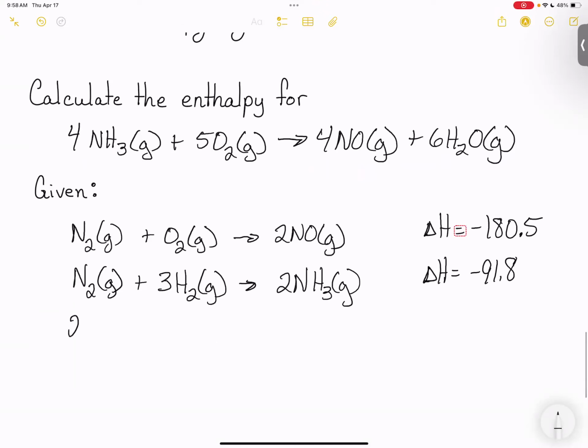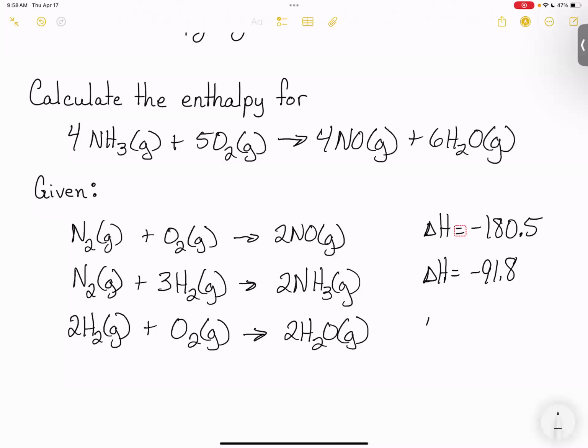And 2H2 gas plus O2 gas goes to form 2H2O gas with a delta H of a negative 483.6 kilojoules per mole. This is a Hess's law problem because we're actually going to calculate the enthalpy of a reaction given a series of reactions.